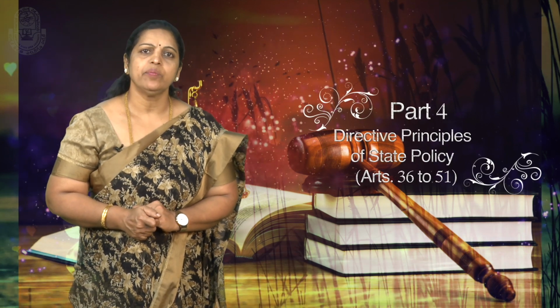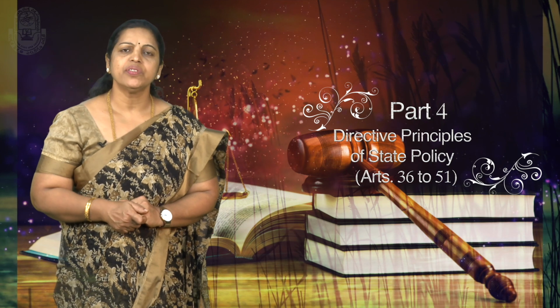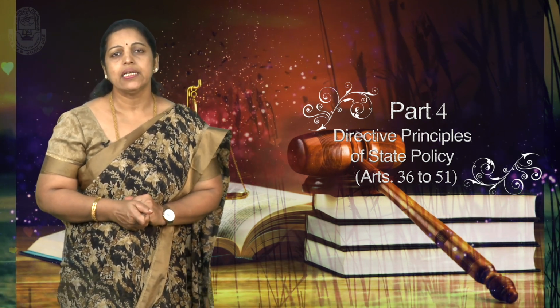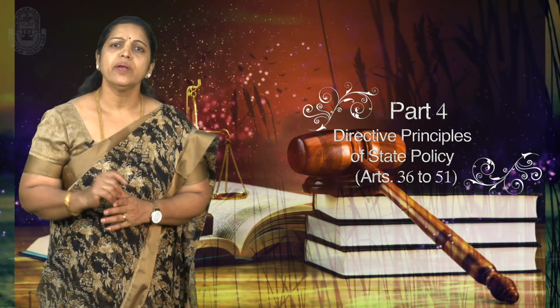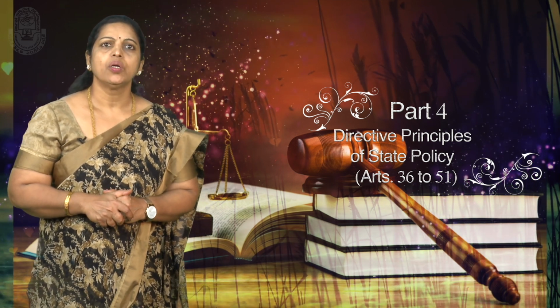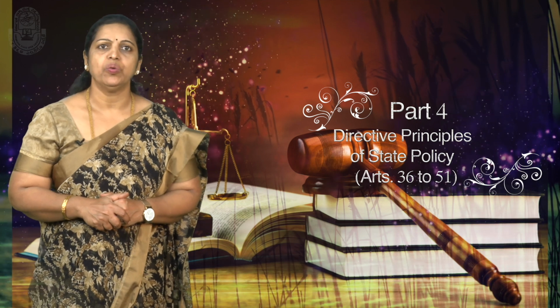The next salient feature of the Indian Constitution is the directive principles of state policy. Directive principles of state policy are enumerated in Part 4 of the Indian Constitution, that is, Articles 36 to 51. Unlike fundamental rights, directive principles of state policy cannot be enforced by any court.